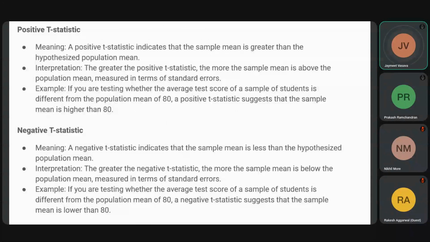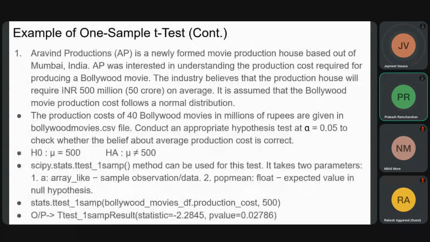This one does not conclude whether it is more than 50 crore or less than 50 crore. Is that right? Because the testing is only for whether it is 50 crore, right? Exactly. Yeah, testing is whether it's 500 or not, or 50 crores or not. So it's not giving any decision whether it is more or less.